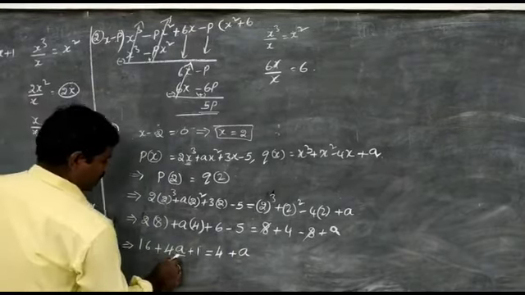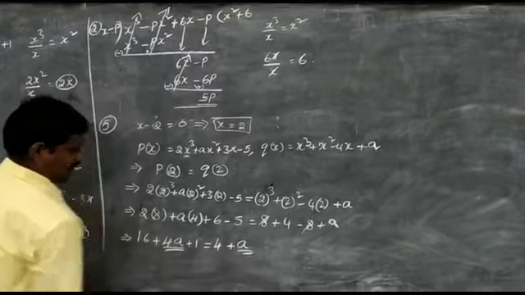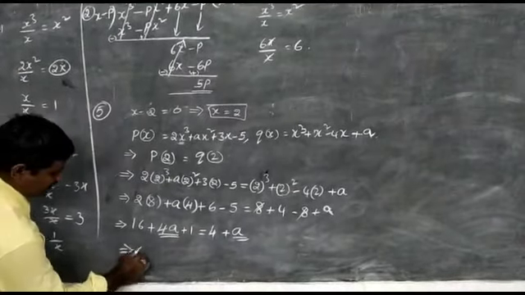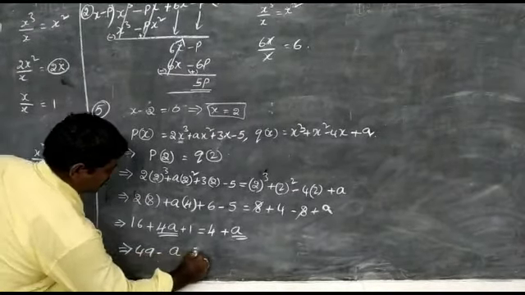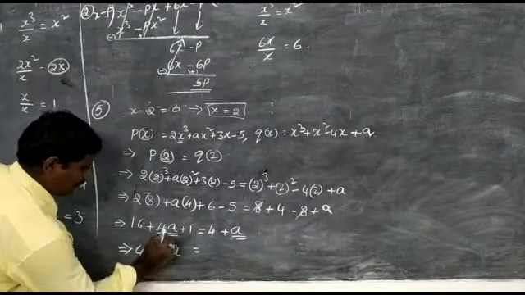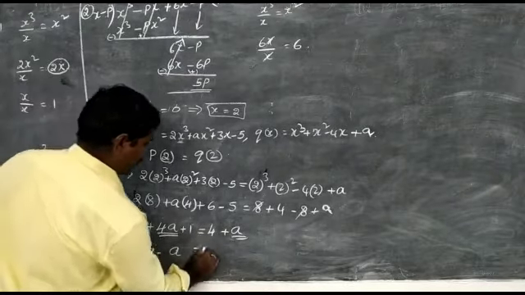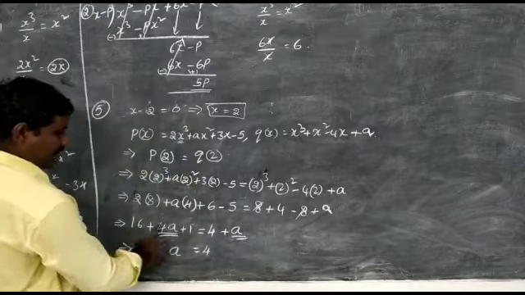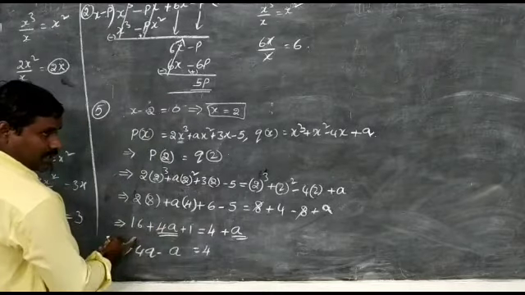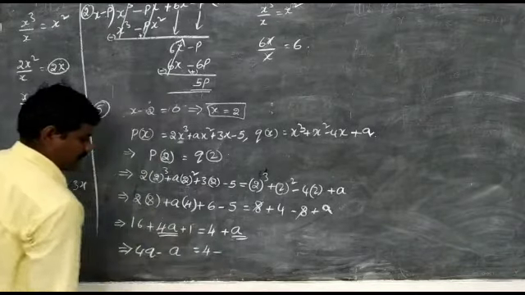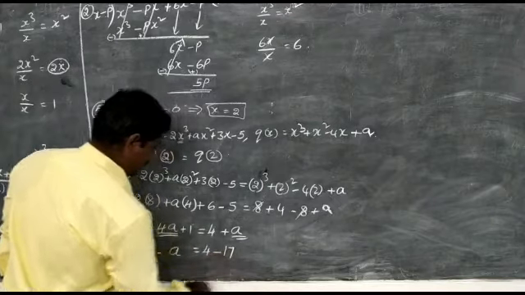Now variables 4a and a we bring to the LHS. 4a minus a is equal to the constants. 16 plus 1 is 17 on the LHS, transfer to the RHS as minus 17.